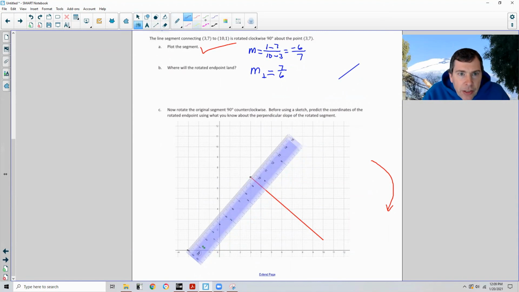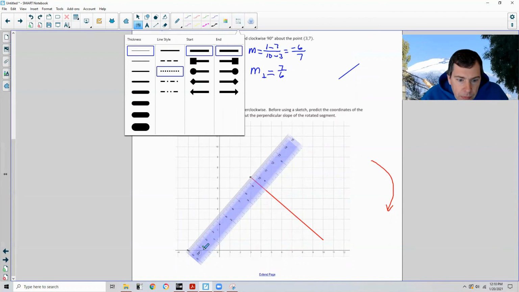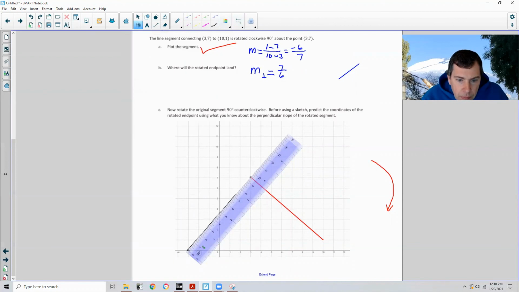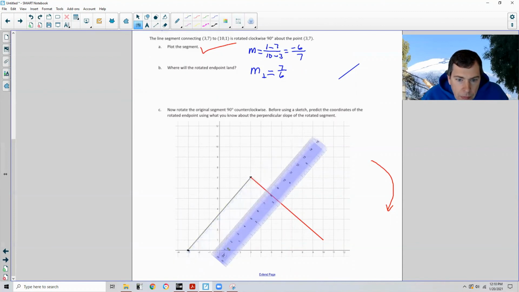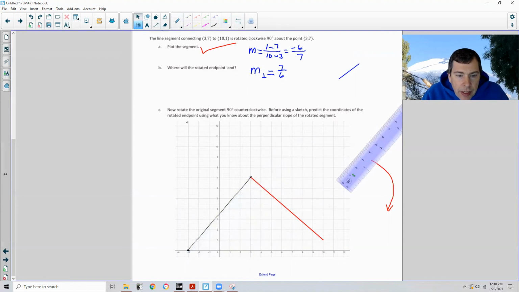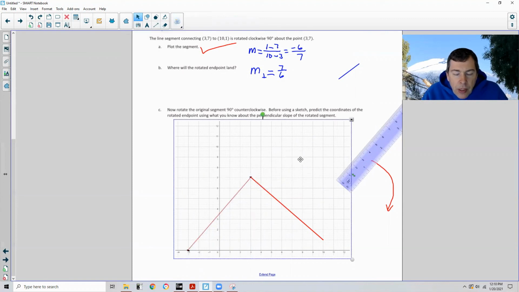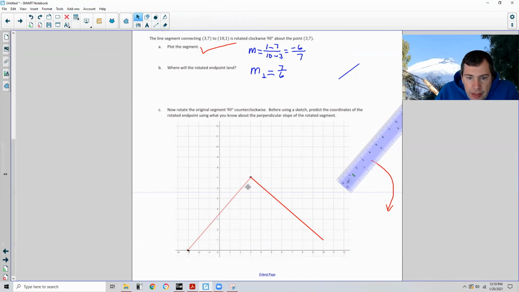And I'll use a dash line this time. And let's make it red. Okay, so there is a 90-degree angle. These should be the same length.